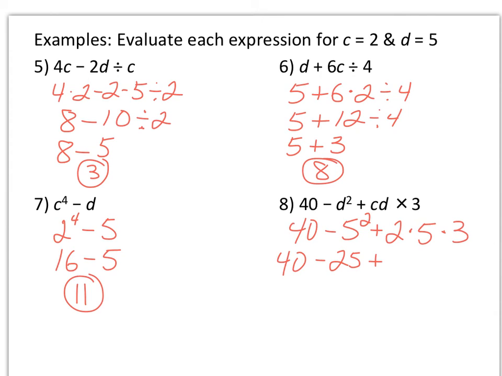Now here we can multiply straight across in one step. 2 times 5 is 10. 10 times 3 is 30. Okay, now we're going to do addition and subtraction in one step. Since there's both, we're just going to go left to right. So 40 minus 25 gives us 15 plus 30. Final answer, 45.